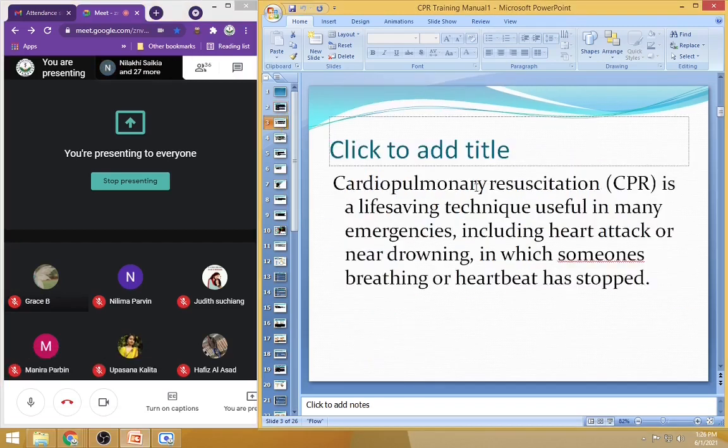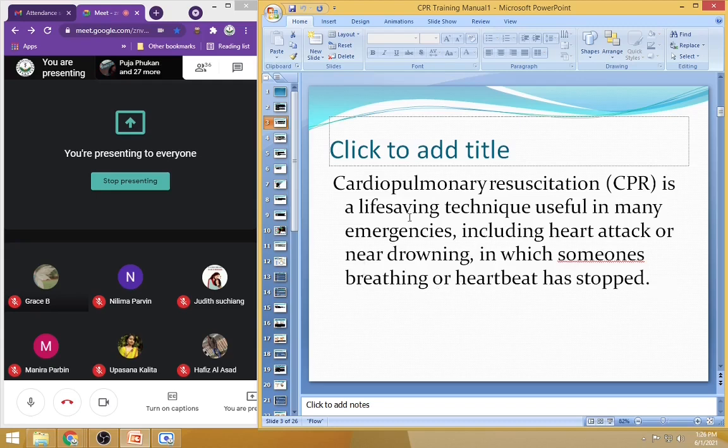So cardiopulmonary resuscitation is a life-saving technique useful in many emergencies, including heart attack, drowning, or near drowning, in which someone's breathing or heartbeat has stopped.